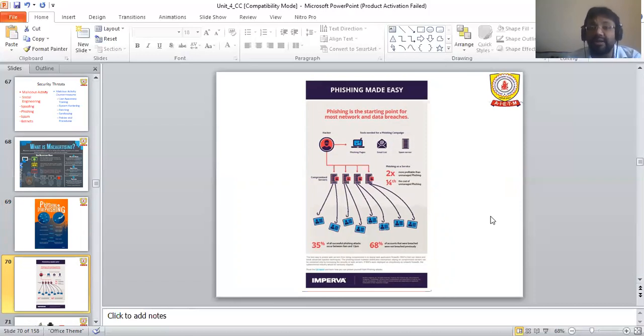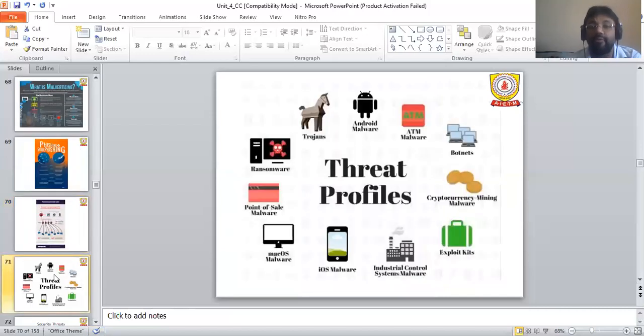Phishing is the starting point for most network and data breaches. It is the starting point for hackers trying to access the system, its utilities and resources, along with the information stored on the server. So phishing is a very dangerous threat for systems and information.